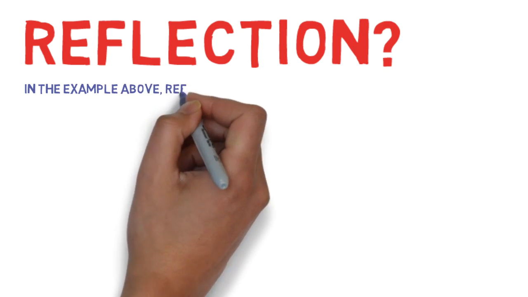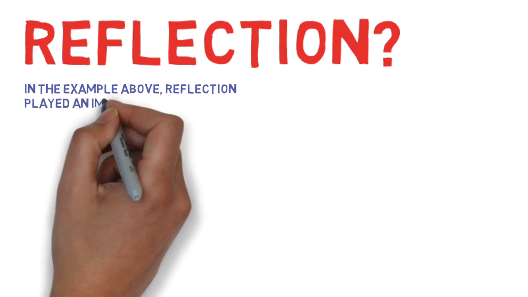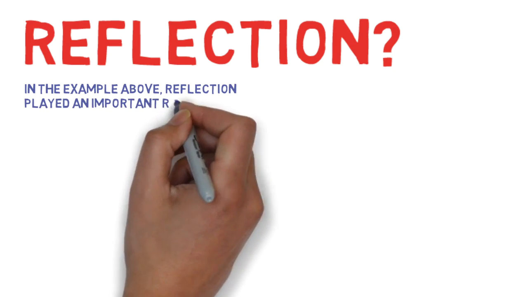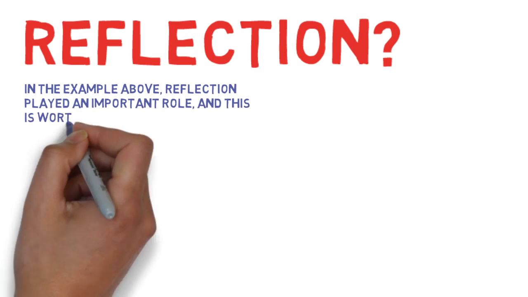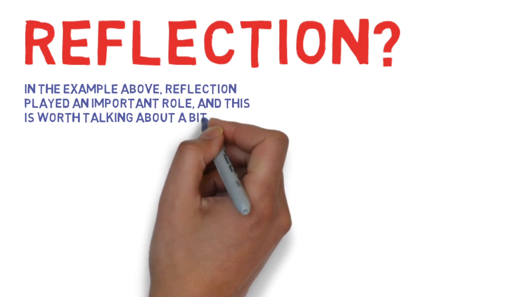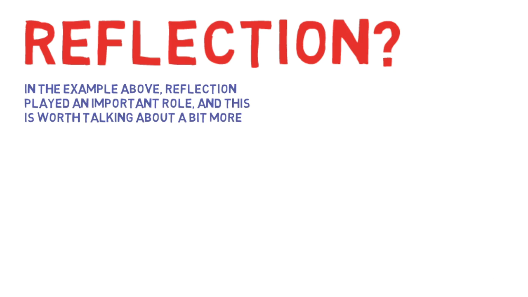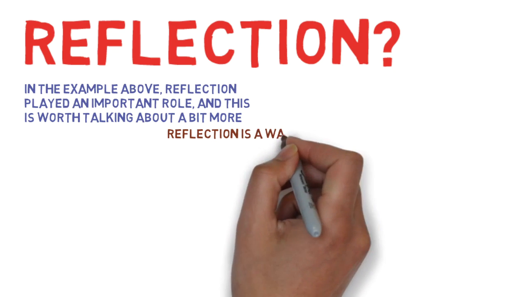Now, in the example that we just saw, reflection played a very important role, and it's really worth talking about this a little bit more. It was reflection which allowed us to completely decouple which instance of a class is created and allow us to change this at runtime. So, what is reflection?